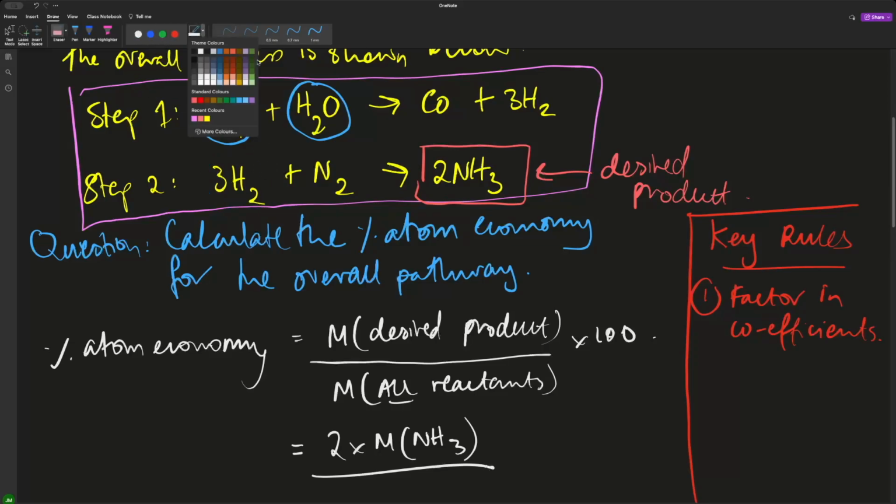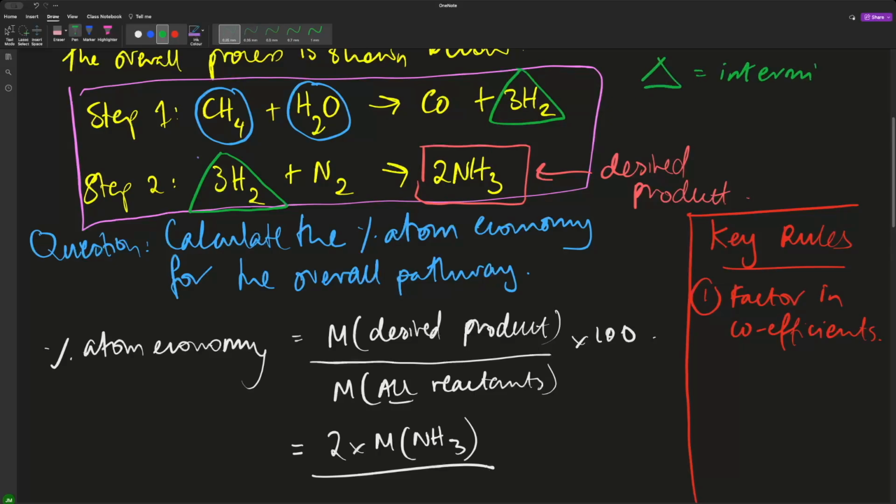This H2 is an intermediate molecule. We must not factor in these intermediate molecules when we do our overall calculation, because the atoms that the H2 came from are from the CH4 and H2O.